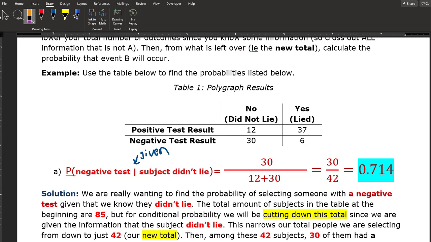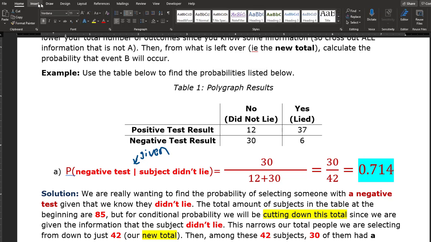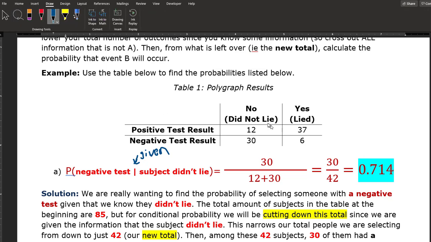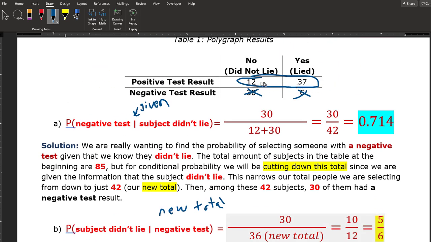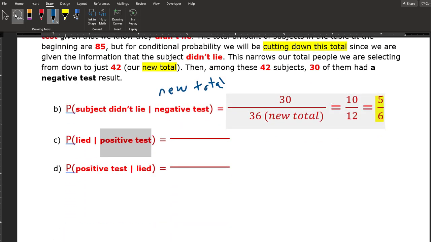If we're given that they had a positive test, we're only going to be looking at 12 and 37. So 30 and 6 are basically eliminated right there. Then that's the positive test people. That's our new total. So we have 12 and 37, that's 49 is going to be our new total.